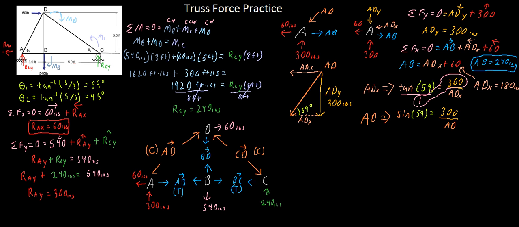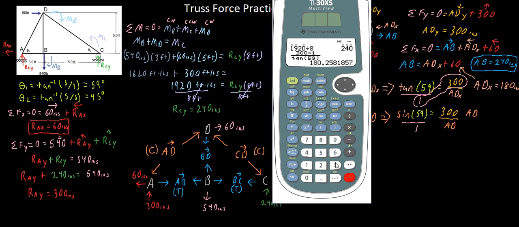And, well, what do we get for AD? We got to plug it into our calculator. It's going to work the same way. I'm going to put this over 1, and I'm going to cross multiply and divide. We get 1 times 300 divided by the sine of 59. This time I don't need to plug it all in. I know 300 times 1 is 300. I would say 300 divided by the sine of 59. And what do we get for AD?